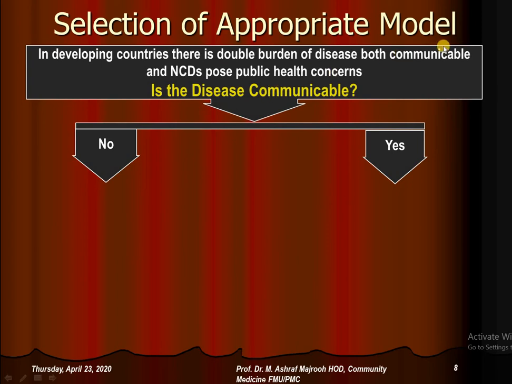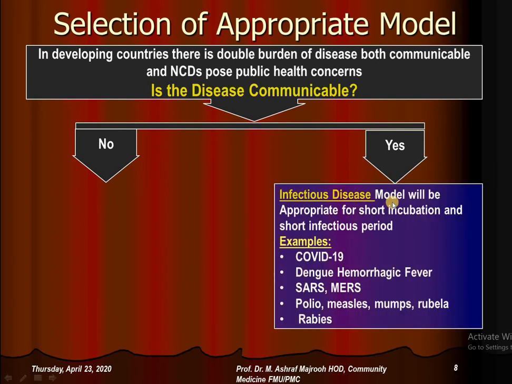And then the selection of an appropriate model. In developing countries, there is a double burden of disease, and both communicable and non-communicable diseases are prevailing, and they are posing public health concerns. So the first question to ask is: is the disease communicable? If the answer is yes, then definitely the infectious disease model will be appropriate for a short incubation period and short infectious period.